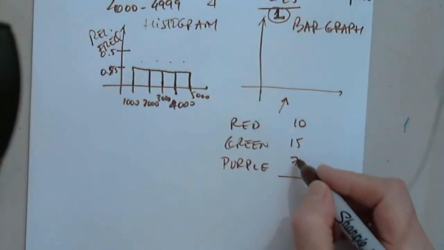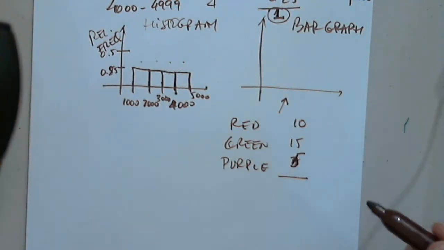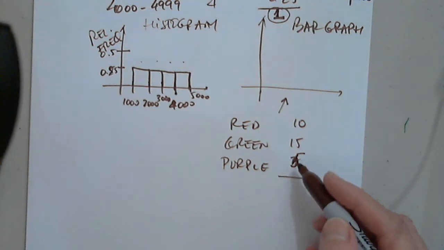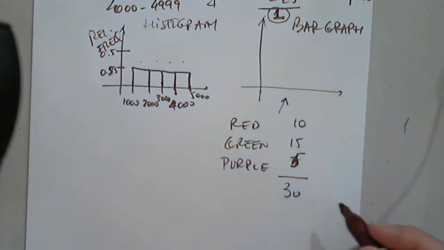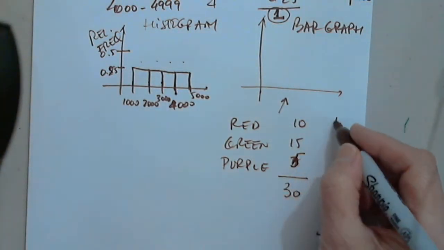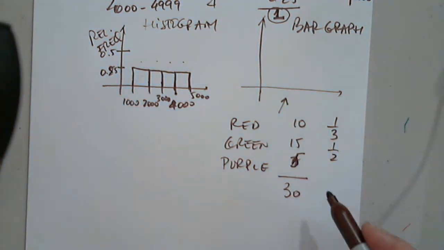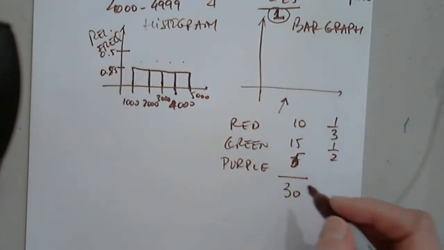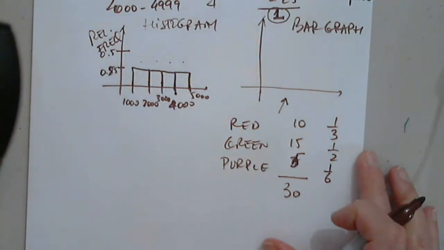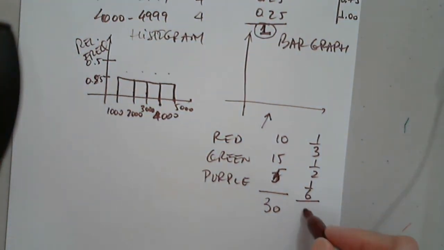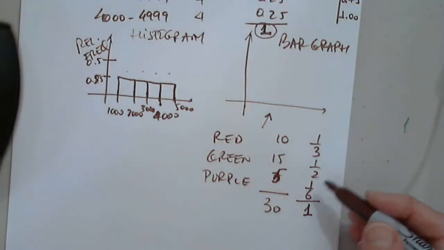Let me add this up so it's nice so I can divide quickly. So this is 30, right? 20 plus 10 is 30. So 10 divided by 30 is 1/3. 15 divided by 30 is 1/2. And 5 divided by 30 is 1/6, right? So they have to add up to 1. If they don't add up to 1, then I'm in trouble.